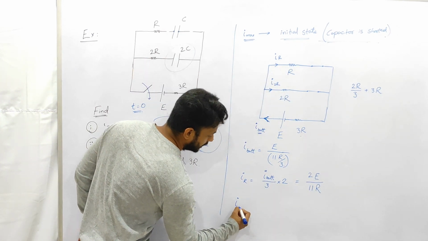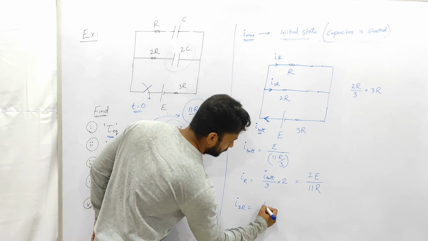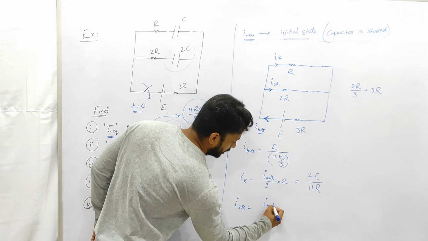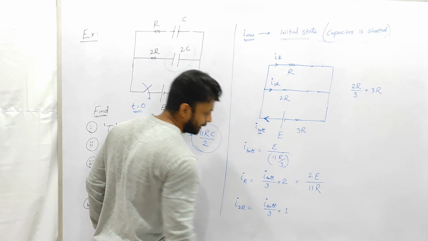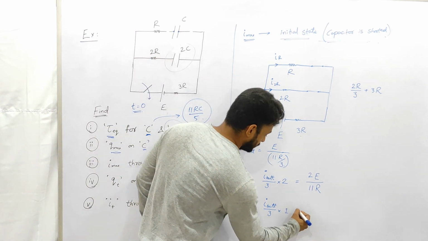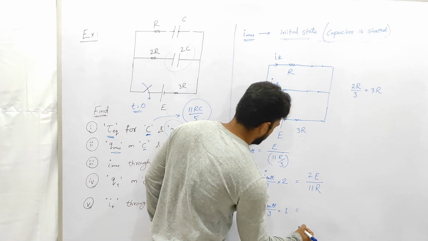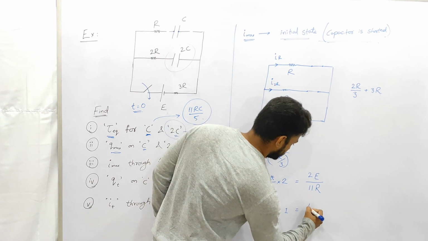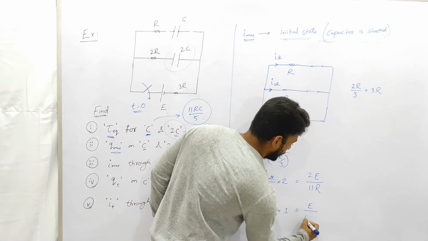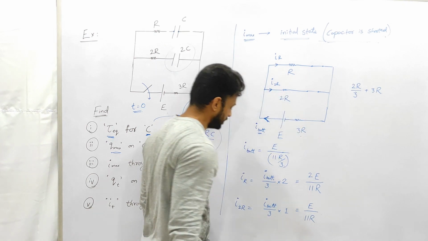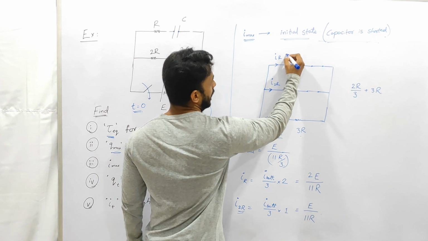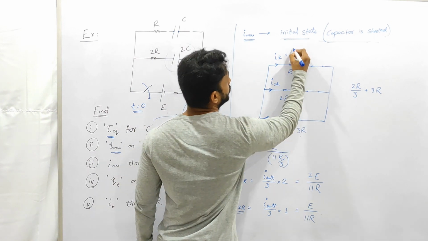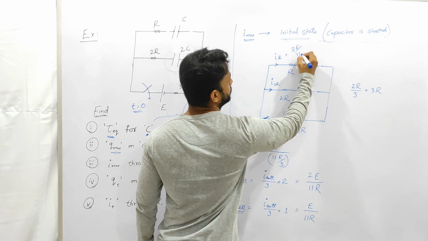And the current through 2R comes out to be the current through the battery divided by 3, that one part. So there we go, here E by 11R. That's the maximum current through 2R. So the maximum current through R is 2E by 11R.